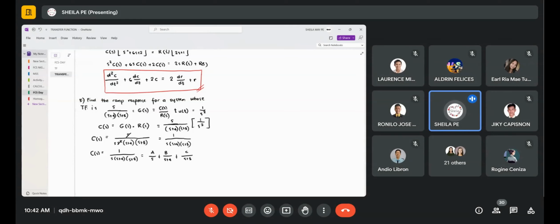So we can have this whole equation multiplied by s, s plus 4, s plus 8. So this is 1 equal to a(s plus 4)(s plus 8) plus b(s plus 8) plus c(s plus 4).